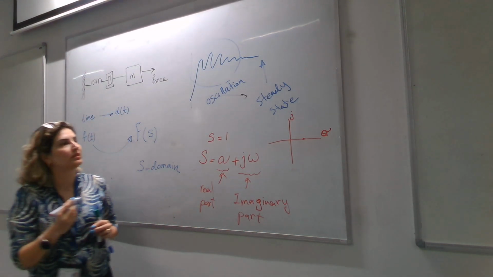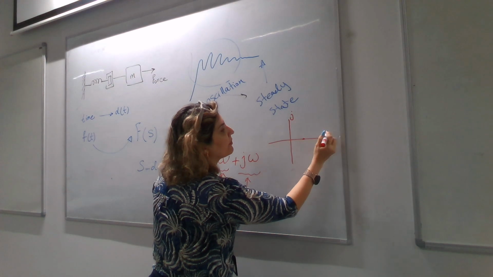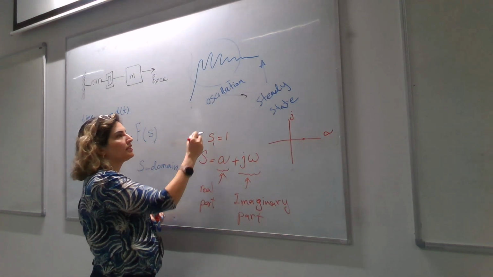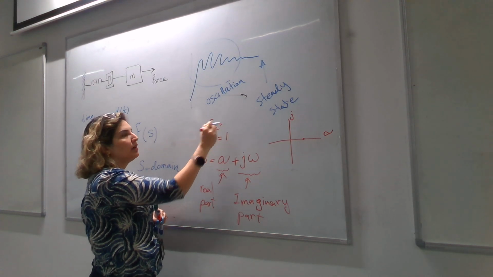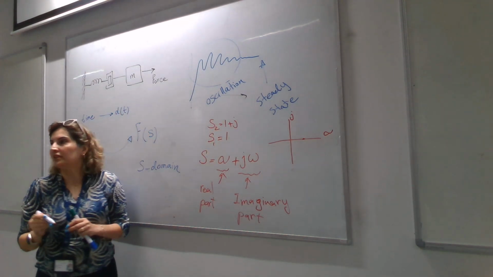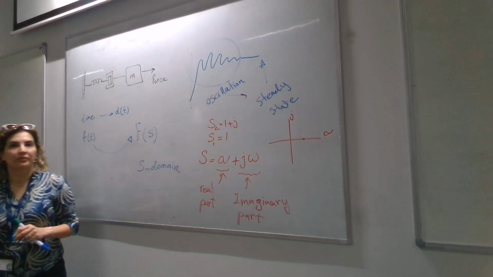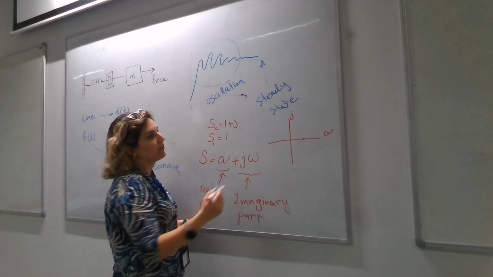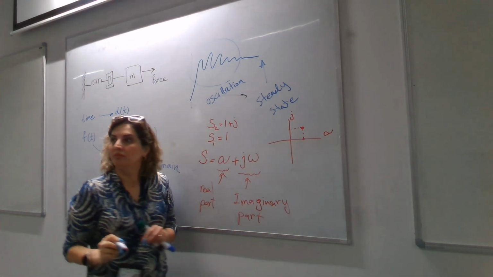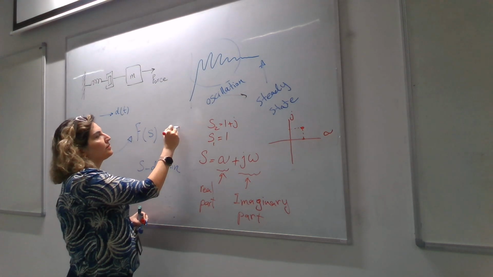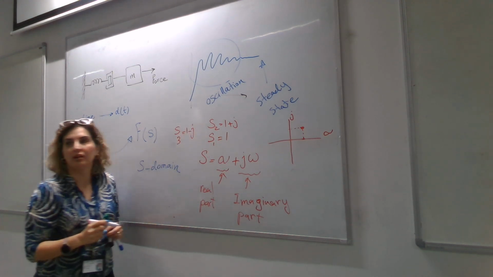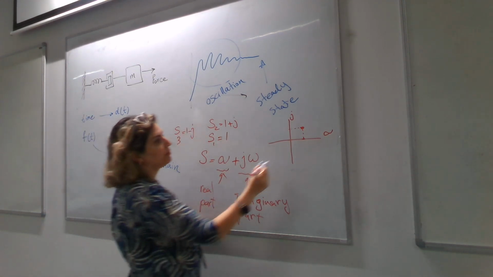Sorry. Yeah, it is alpha. If I look at, let's call that S1, let's call S2 as 1 plus J, where that dot will be? It's going to be here, right? What about S3 is equal to 1 minus J? It's going to be here, right?